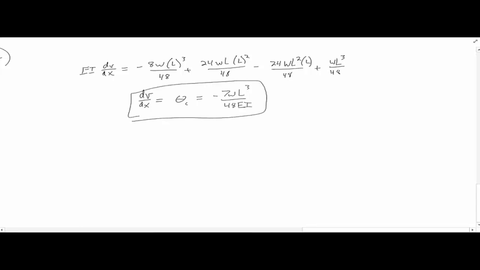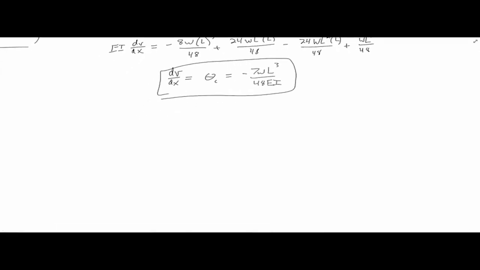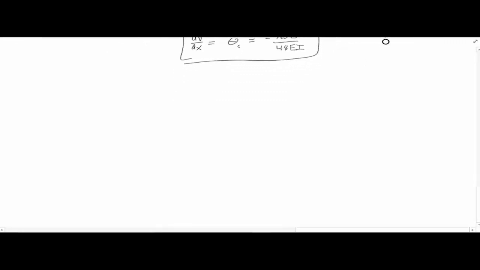Okay, so to summarize really quick, we solved for our deflection at point B, right? If you go back and watch the video again, our deflection at point B was negative 7WL to the fourth over 192 EI.